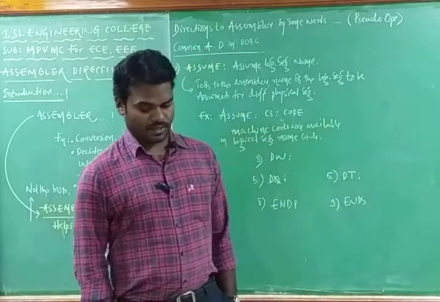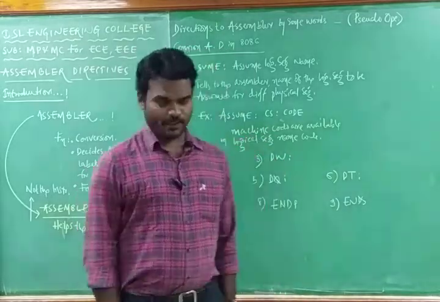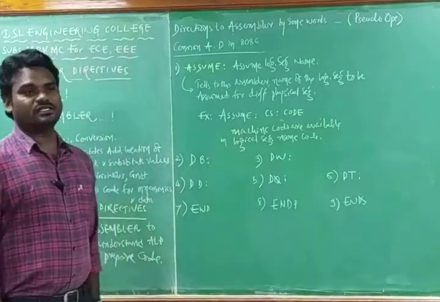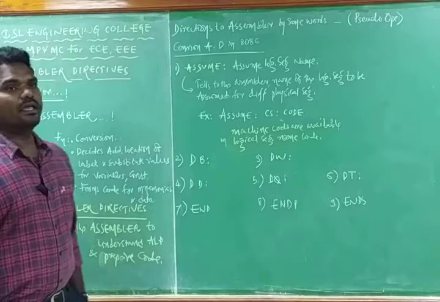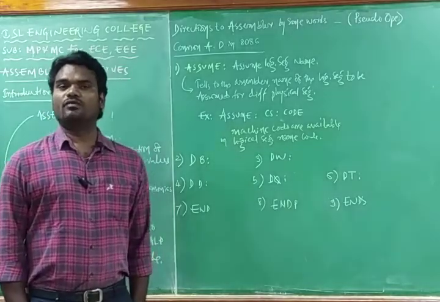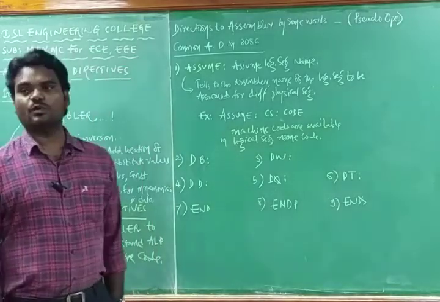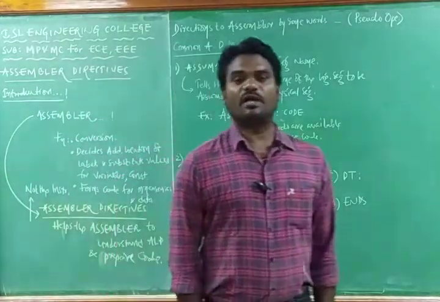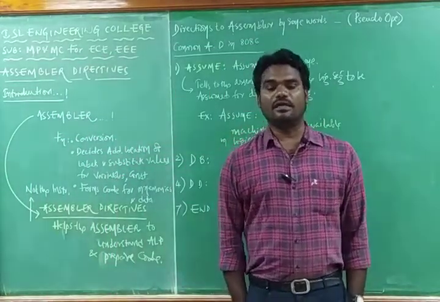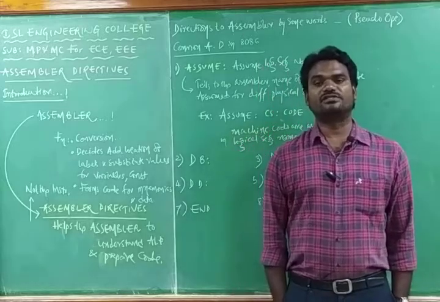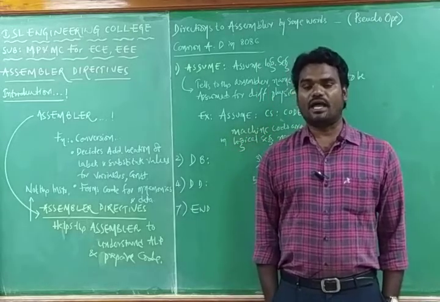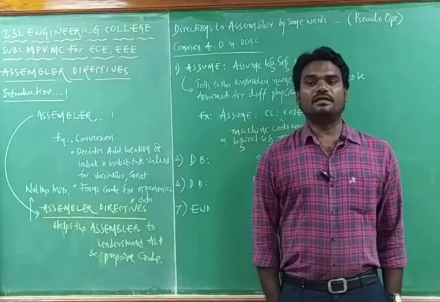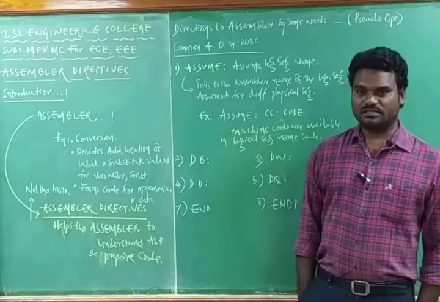In the comment, we represent what exactly the instruction is going to perform. Coming to here, we know the necessity of the assembler. Assembler is a program which converts an assembly language program into machine language, because the microprocessor can understand machine language only, that is in zeros and ones, whereas the programmer cannot write the program in zeros and ones.